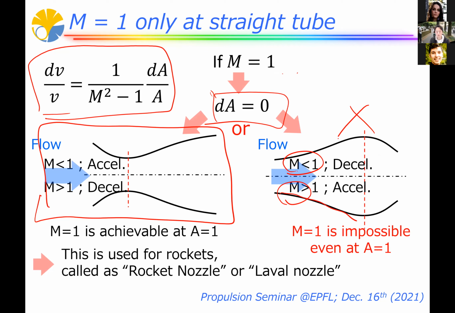So Mach number 1 can be attained only by this configuration. And this configuration is called a rocket nozzle or Laval nozzle. And by using this configuration, we accelerate gas up to here from Mach number 1, and in this region, exceeding Mach number 1.